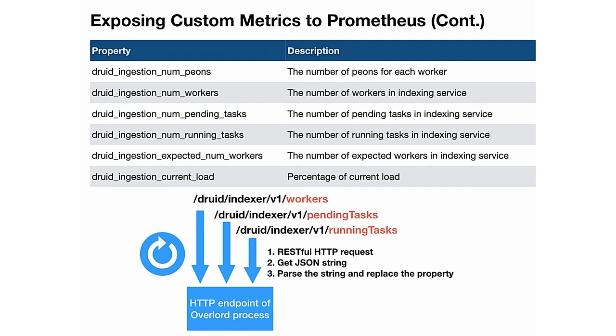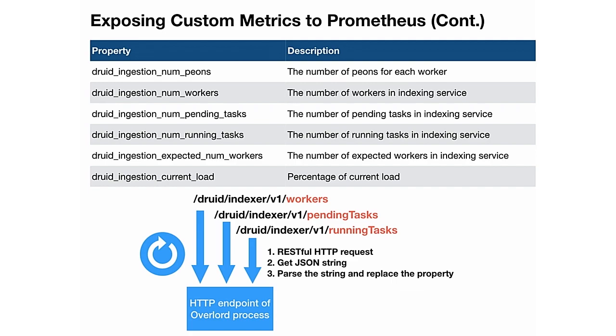Next, Druid worker capacity means maximum number of tasks the middle manager can accept. Its default value is the number of CPU cores. We assume that some peons exist in each worker.